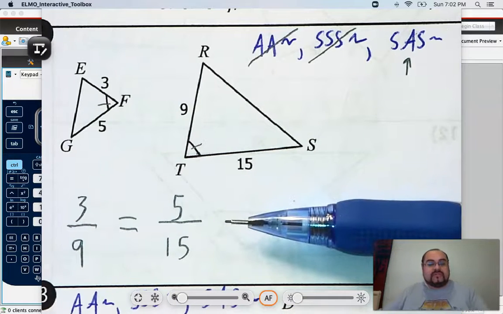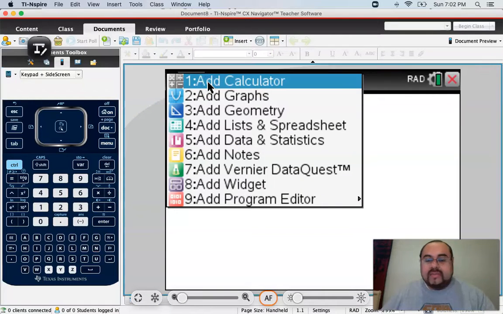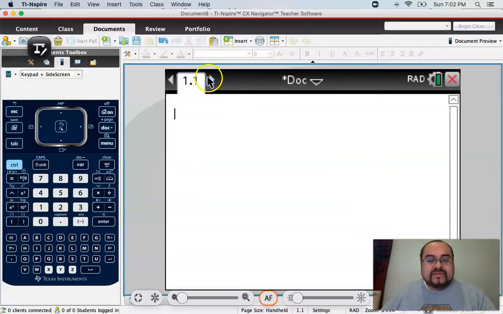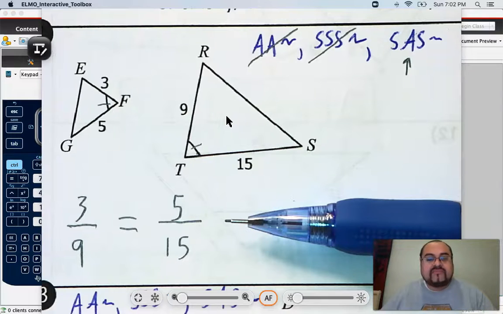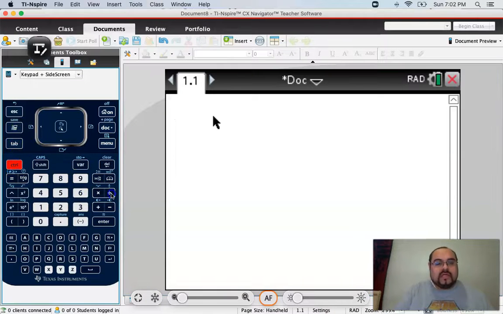So basically what I'm going to do, head over to my Inspire. I'm not going to use nsolve. Okay. nsolve is when we're looking for a variable, and you notice we don't have a variable here. We're just going to see if these two fractions are equal to each other. So I'm simply going to press control division sign for my first fraction.